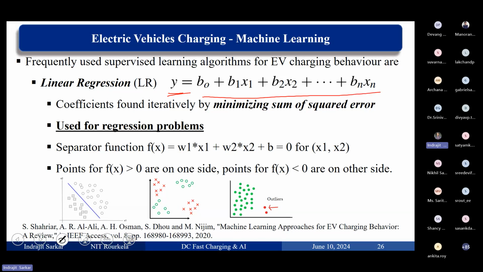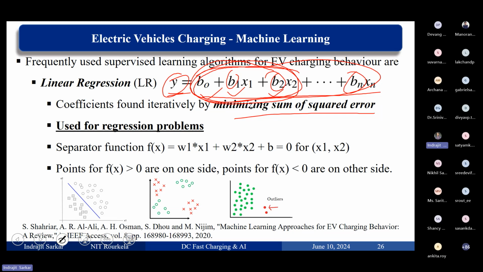You calculate the different coefficients by minimizing the sum of squared errors. Based on this error minimization technique, you calculate the coefficients b0, b1, b2. Once this function is known, if you give the inputs x1 and x2, it can calculate what the departure time would be.